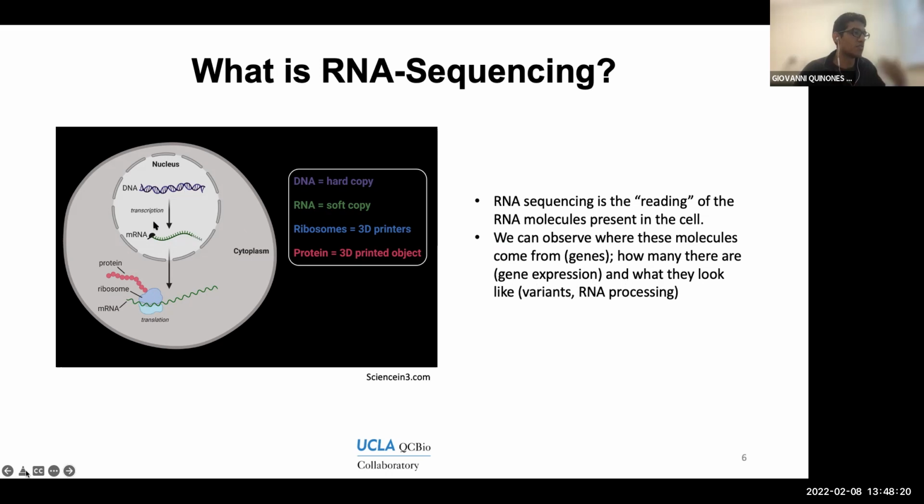Also, a lot of RNA molecules are being processed through processes such as splicing or RNA turnover, decay, polyadenylation, and so on. These different processes are going to change this soft copy. And thanks to RNA sequencing, we can see exactly what these changes are.